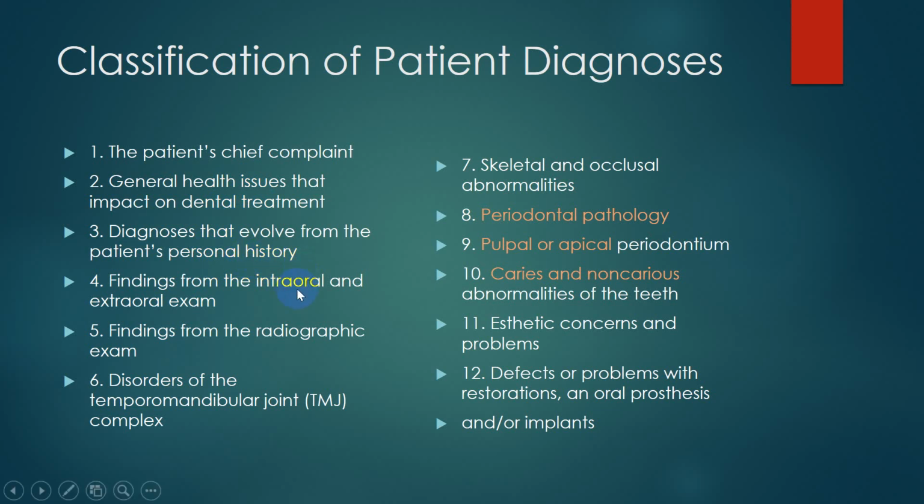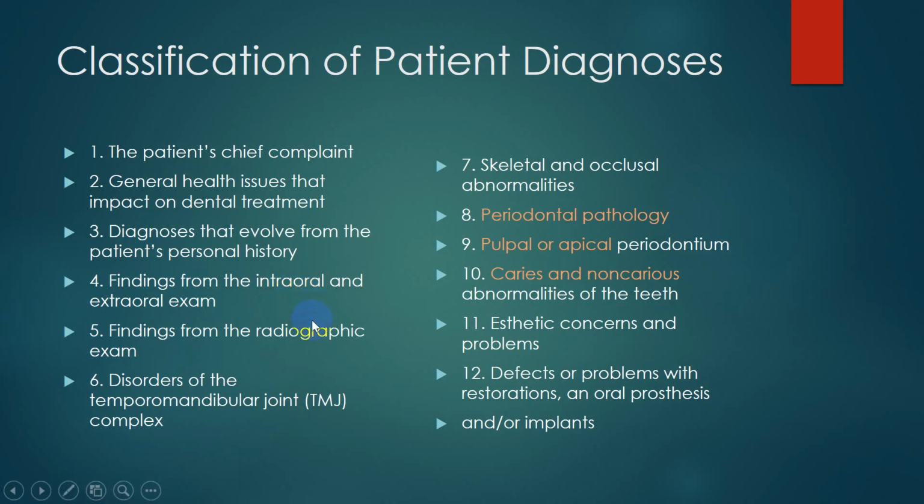Other findings from the intraoral or extraoral examination, you can write, for example, solar keratosis of the lower lip. You can write down angular cheilitis. You can write median rhomboid glossitis, any finding extraorally, orally, or intraorally that warrants recognition and management.